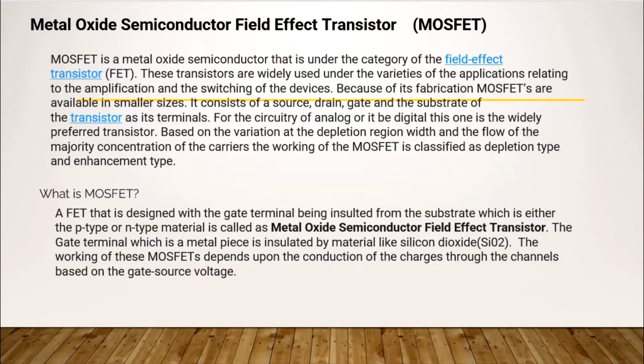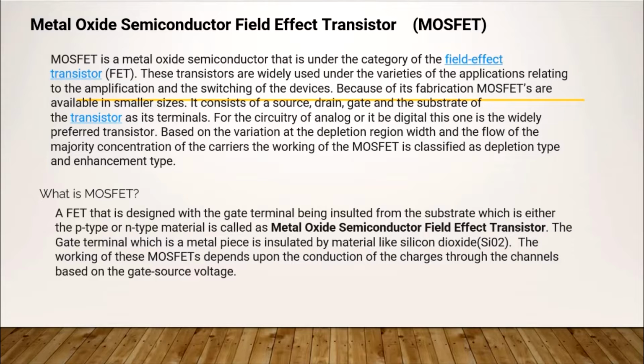The working of the MOSFET is classified as depletion type and enhancement type.